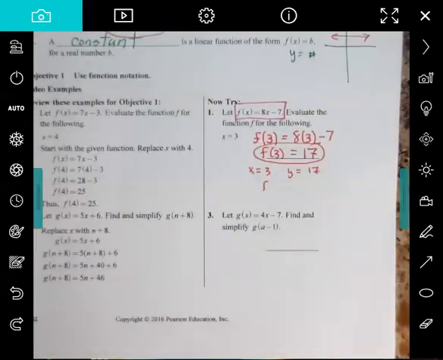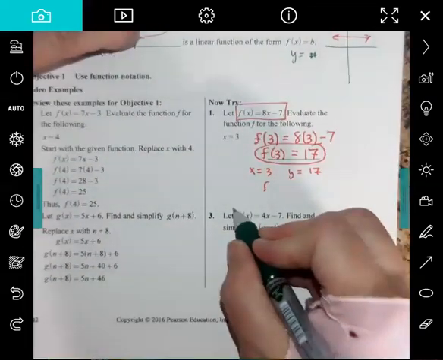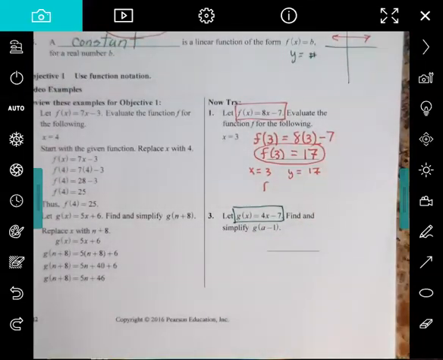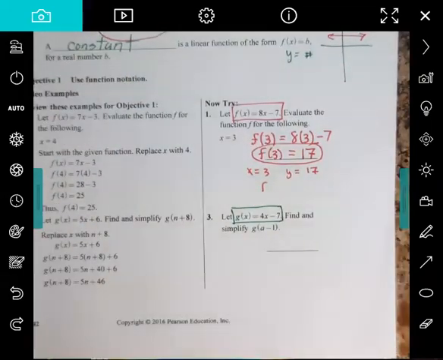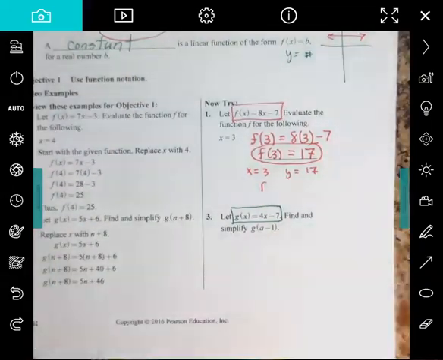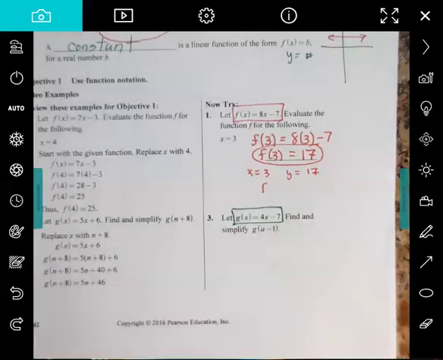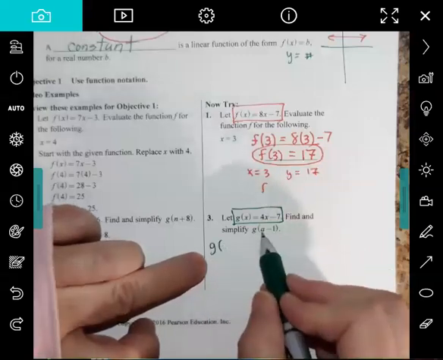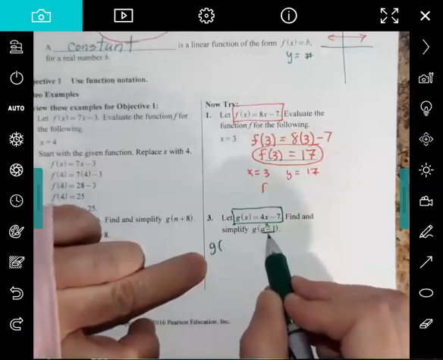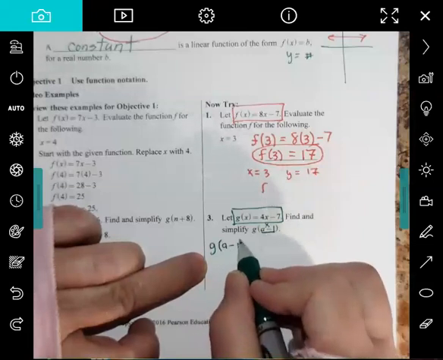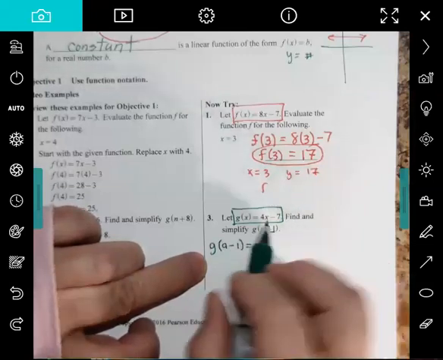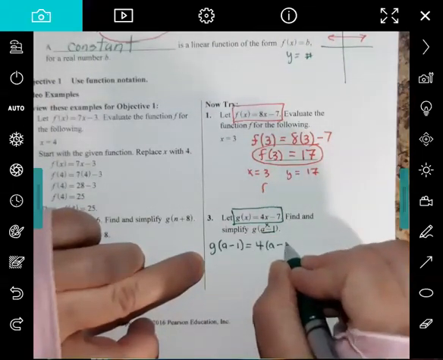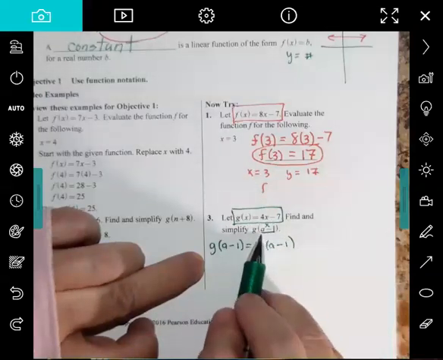Okay, moving down. Here's a new function. Its name is g. And we're supposed to put in an a minus 1. Now, this is really starting to get us ready for pre-calculus and calculus, plugging in variables into equations with variables. So instead of g of x, I replace the x with an a minus 1. It needs to be in parentheses because it's 4 times the x, and this is the whole x.